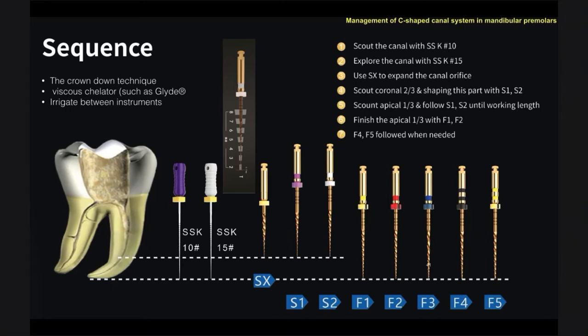Then we go to the shaping files SX, then shaping X1 and shaping X2. And then we scout the coronal and the middle third of the root canals with a K file, and shape with the shaping S1 and S2 for the coronal and the middle thirds. And finally, scout the root canal with a K file number 10, and then you go to the F1, F2.